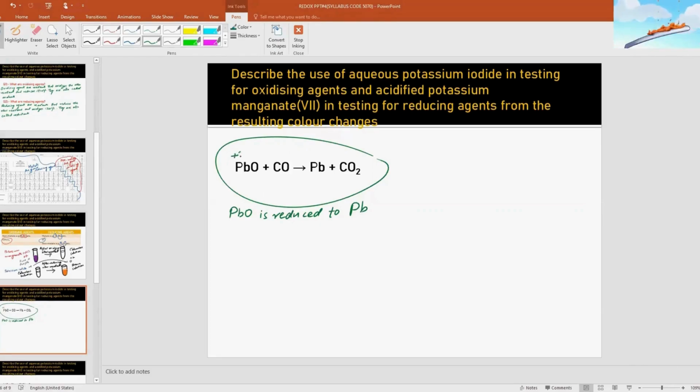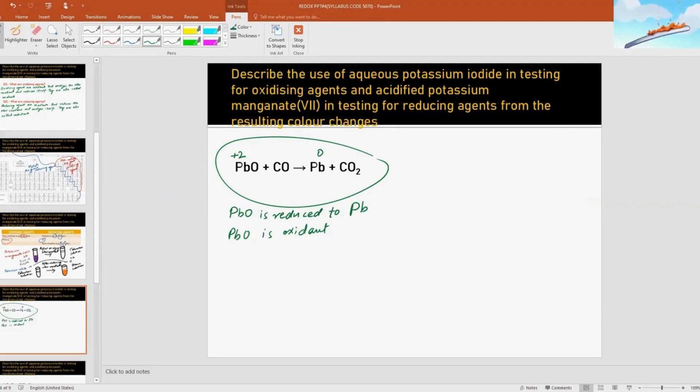As it is reduced, it is oxidizing the other reactant. Therefore, PbO is the oxidant or oxidizing agent.